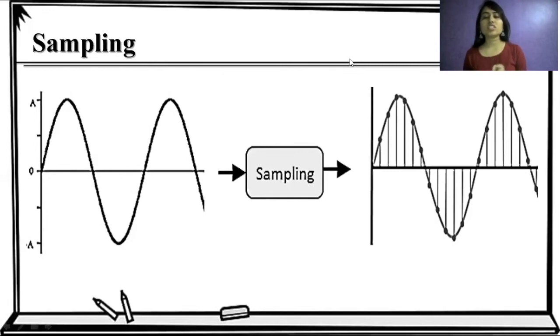We can take a sample at a particular instant of time. For duration t1 we have this amplitude, then for t2 we have this amplitude. For this duration, we have this amplitude, and so on. So we basically have a finite set of values for a particular analog signal. Our analog signal after sampling looks like this.